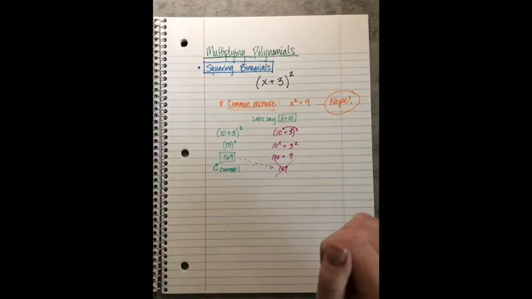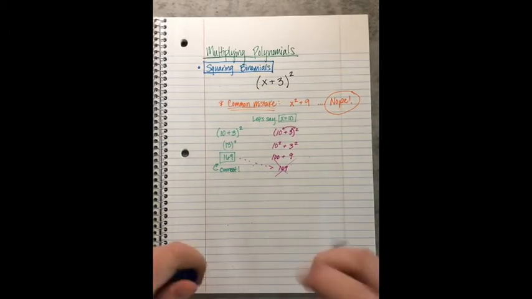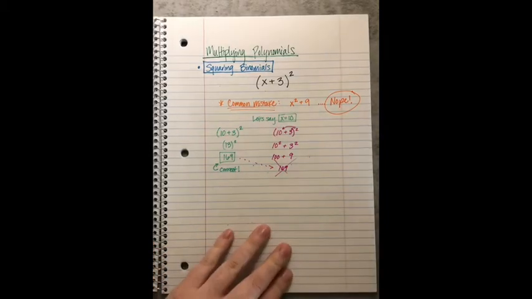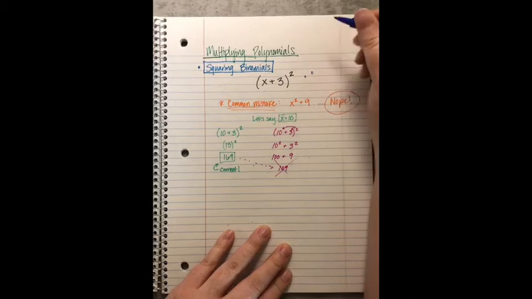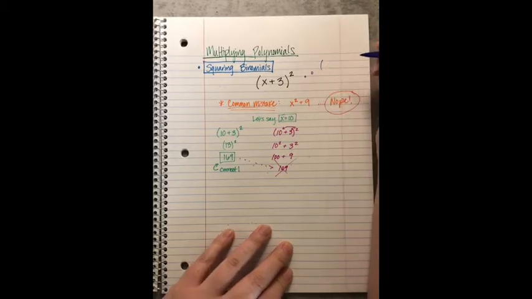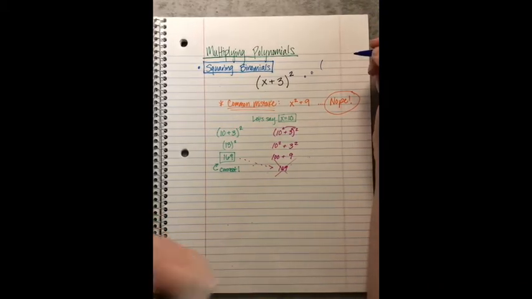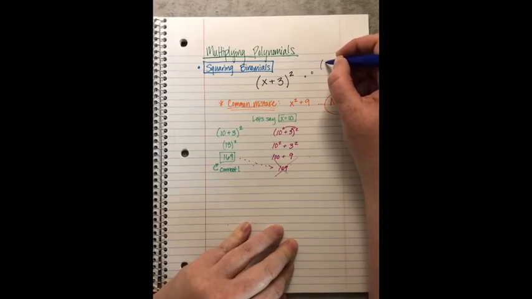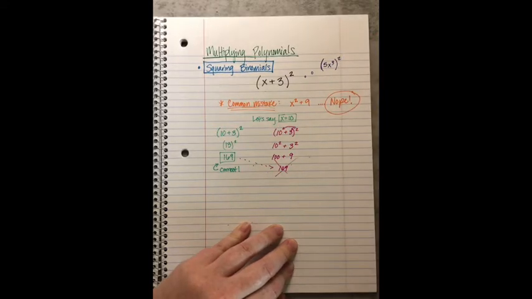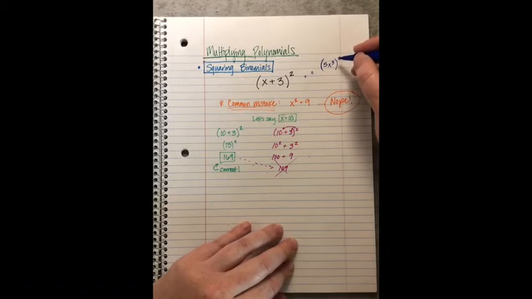Now, some of you are like, hold on a second, Meineke, you have misled me. Because some of you remember, I'm going to do a little thought bubble here, a few chapters ago, a few months ago, we did things like this, where you had like 5x cubed on the inside, and you take that whole thing and then you square it. We need to use the power rule to solve this.